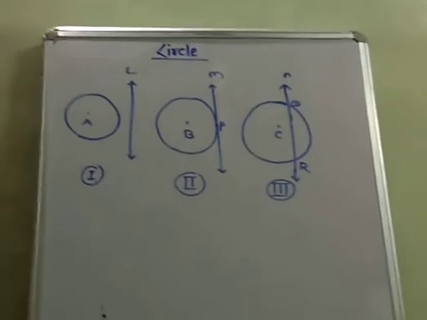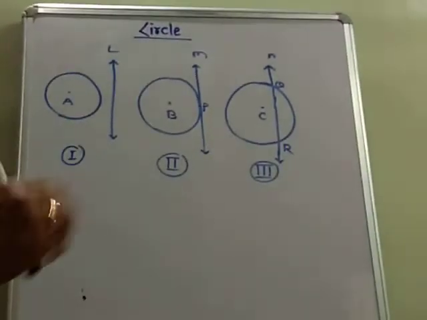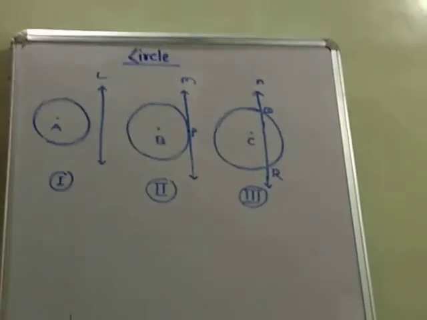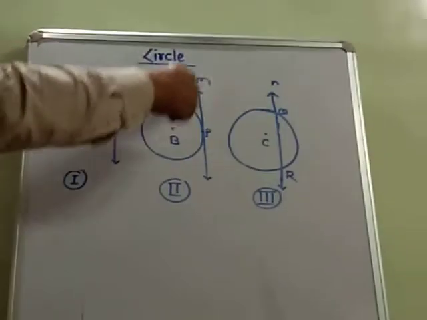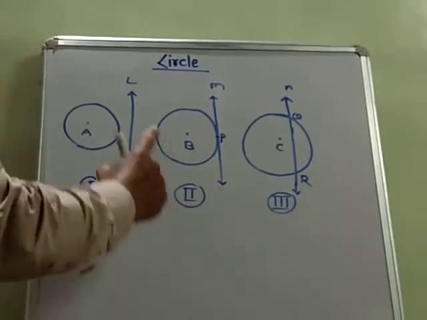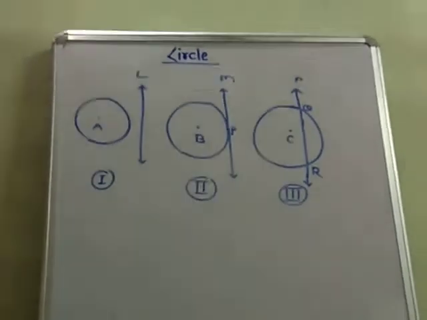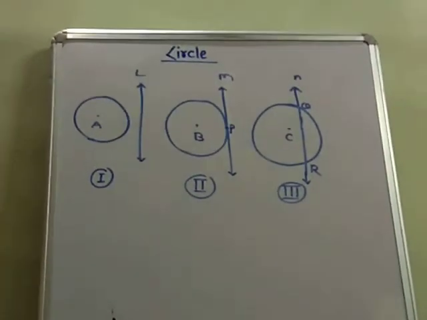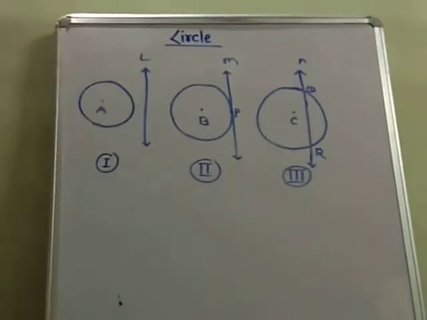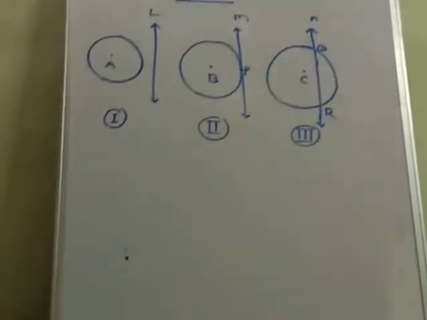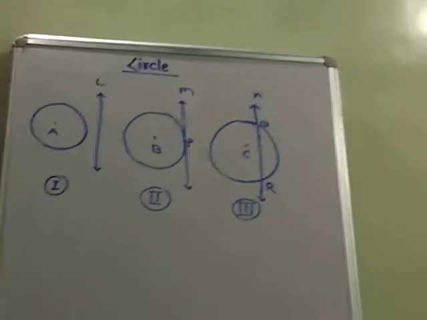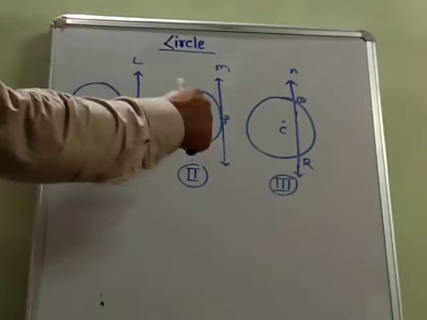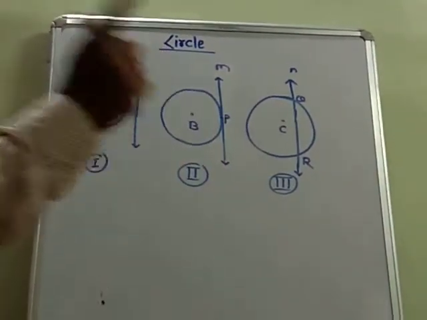In the second diagram, the circle has center B and line M, and point P is a common point between them. That means P lies on both line M and the circle with center B. Hence, line M is called a tangent. There is only one point P.